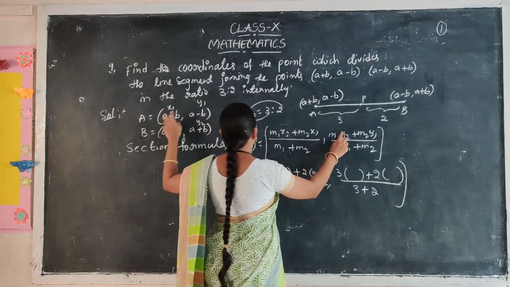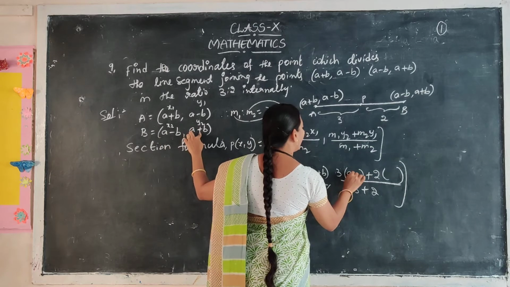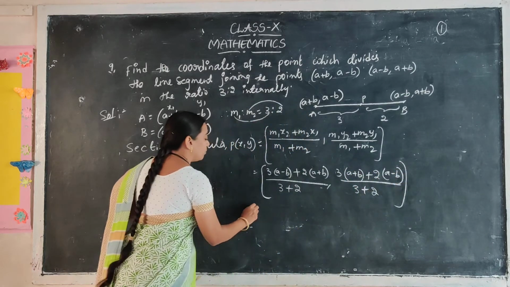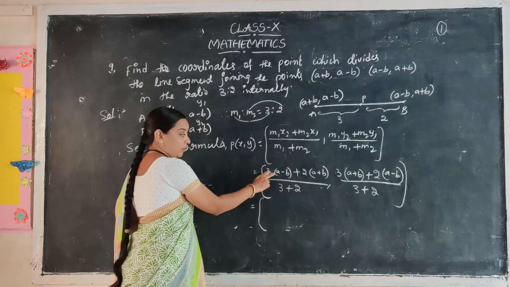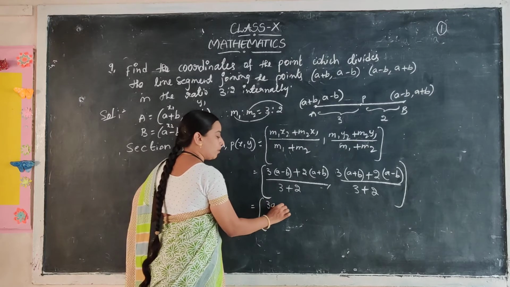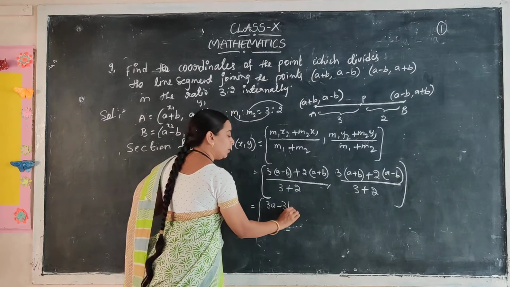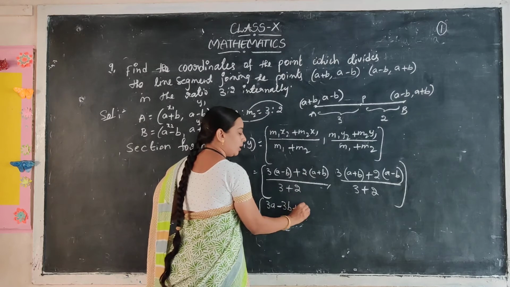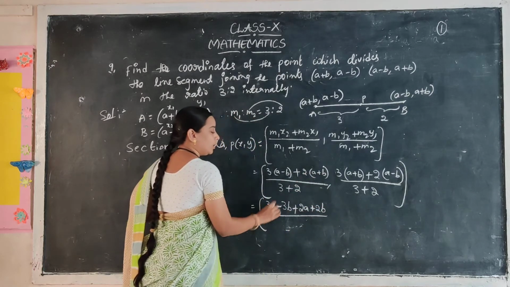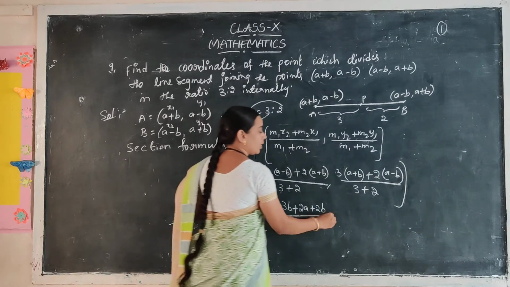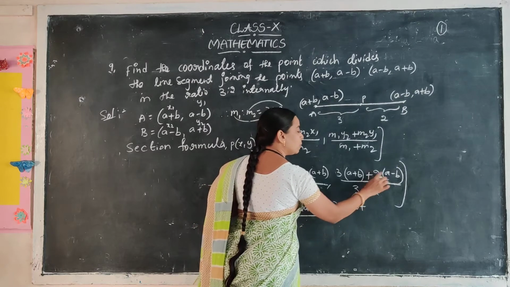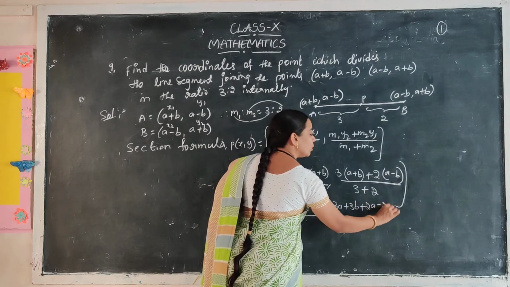Next the y2 value is a plus b and the y1 value is a minus b. Now remove this bracket and multiply the number before it: 3 into a, 3a, minus 3 into b, 3b, plus 2 into a, 2a, plus 2 into b, 2b, by 3 plus 2, how much? 5. Next 3 into a, 3a, 3 into b, 3b, plus 2 into a, 2a, minus 2 into b, 2b, by 5.